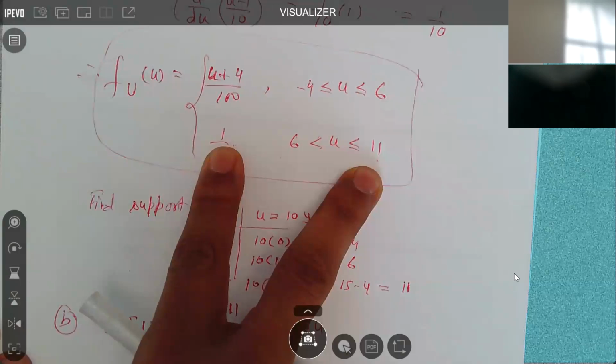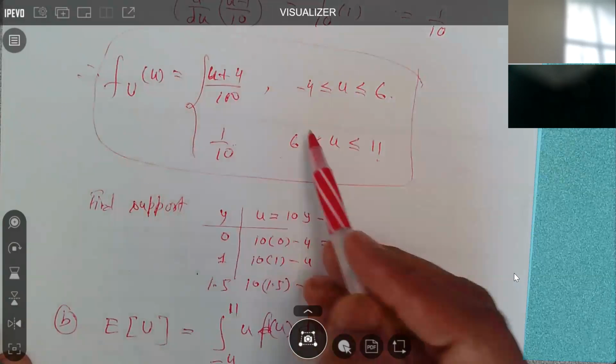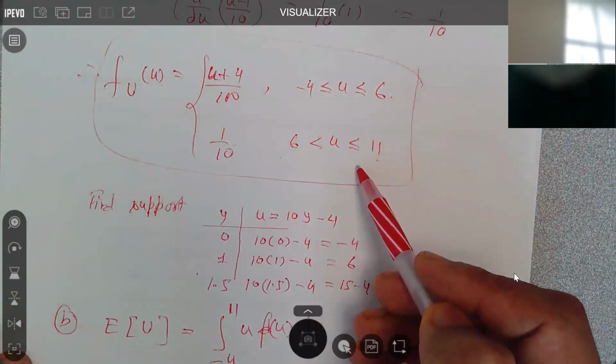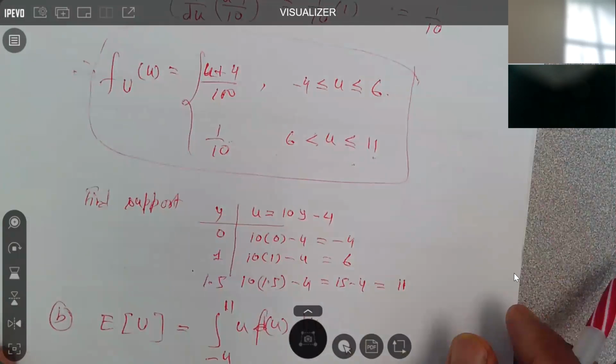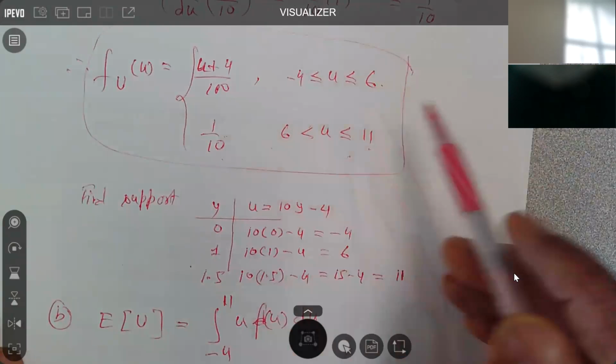Now you have to do this piece and this piece separately, because the density functions are different, right? You understand? So you have to indicate this part and this part separately.